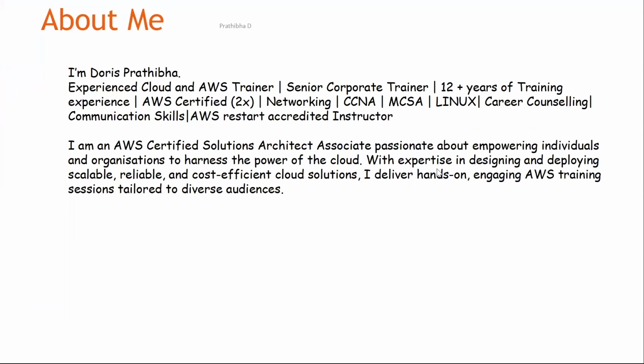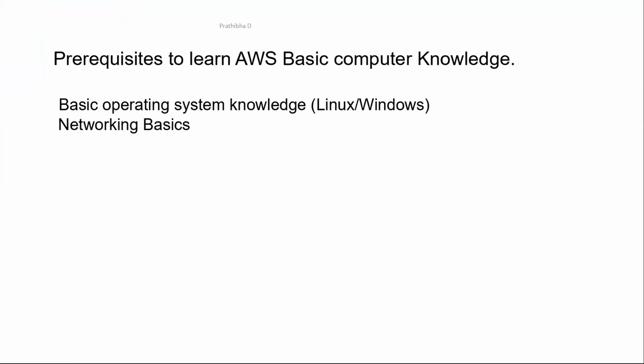If you're going to start with AWS, this is the basic requirement: you have to be aware of basic computer knowledge and know how to work on it. You should also have some idea of networking basics and operating system knowledge, either Windows or Linux.